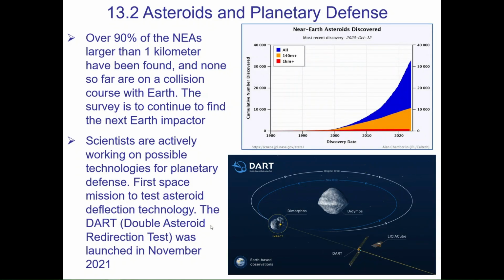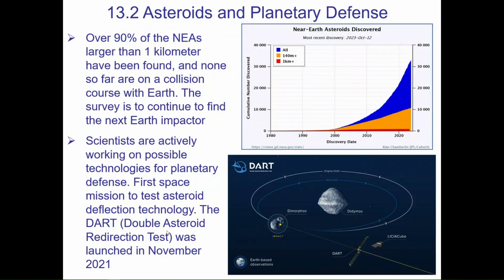Of course, alternatively, we can explode a nuclear bomb near the asteroid. So the shock wave will push on the asteroid to deflect it away from the path to Earth. The most recent experiment on this technology, a space mission to test deflection, is called DART.